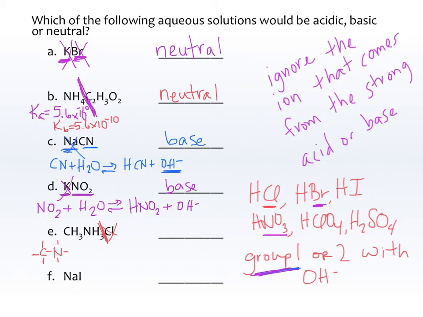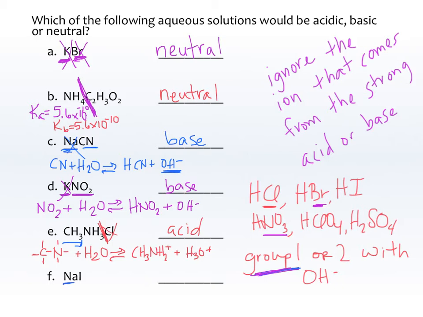Everybody already has a full octet. So this compound cannot take a hydrogen. The only thing it can do is give a hydrogen, plus water. So if it gives a hydrogen, it'll be CH3NH2. And if you give a hydrogen, you'll have H3O plus. And H3O plus should tell you acid.